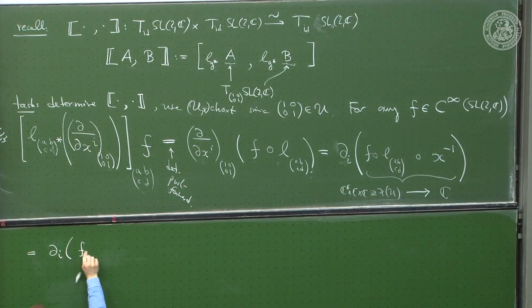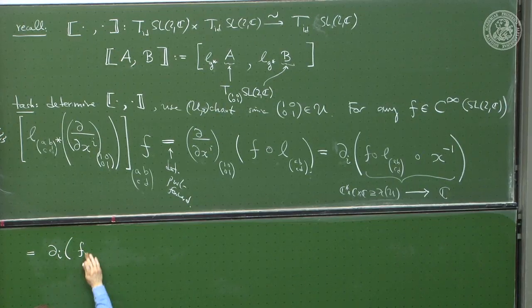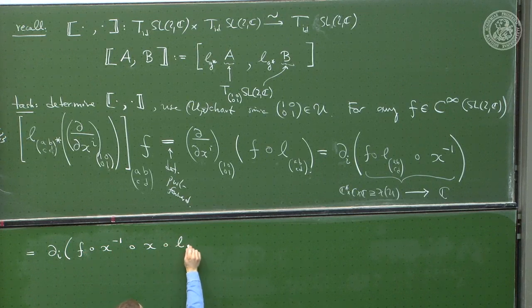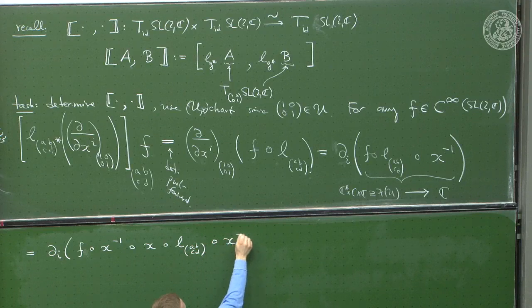I write del i, L_i of f after x inverse after x. Well, that obviously has no effect, right? After L sub a, b, c, d after x inverse. Very obviously, nothing at all happened.